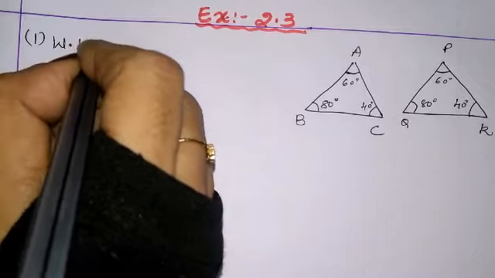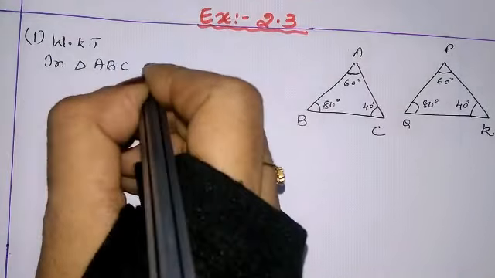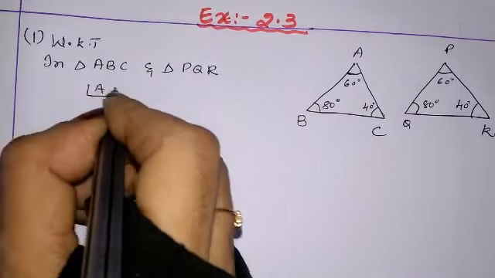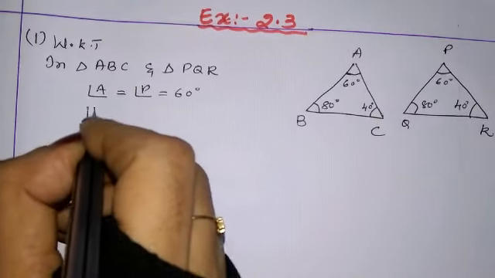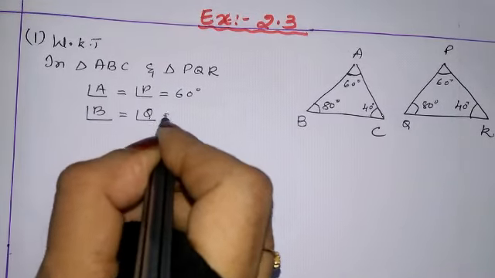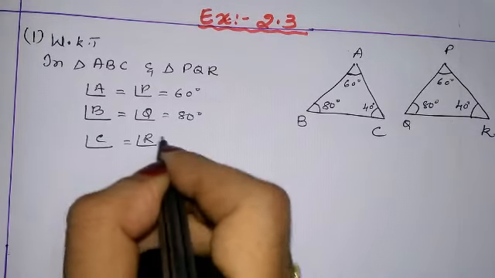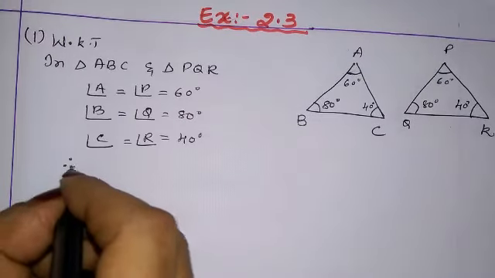We know that here in triangle ABC and triangle PQR, angle A is equal to angle P, both are 60 degree. Angle B is equal to angle Q, both are 80 degree. Angle C is equal to angle R, both are 40 degree. We can see here, right?